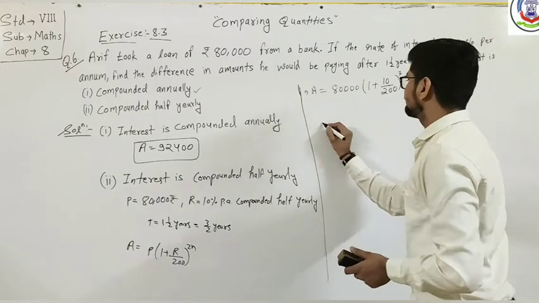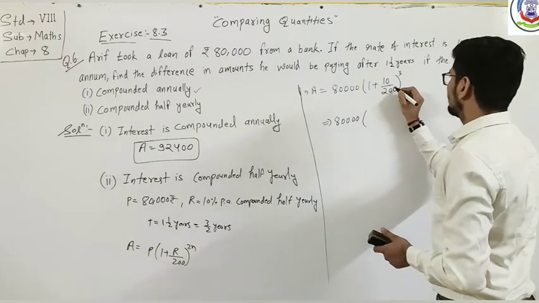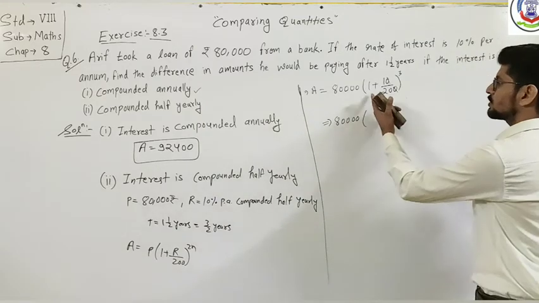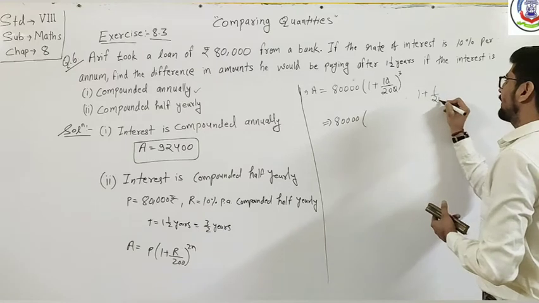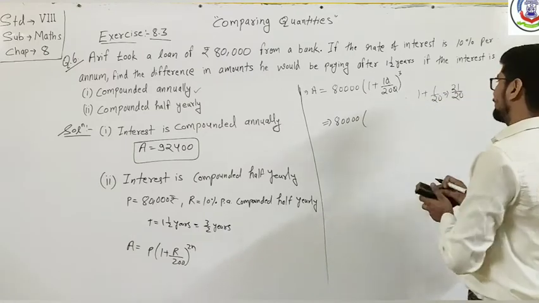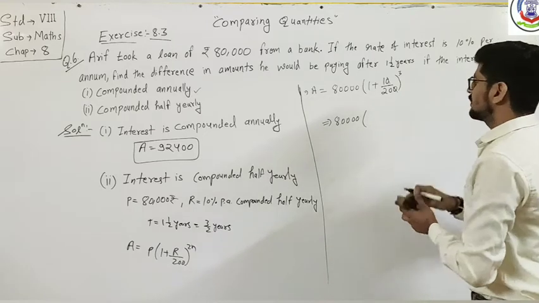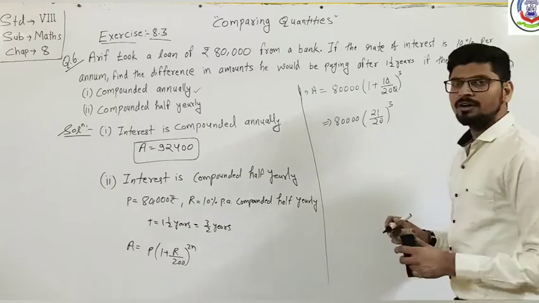Now 80,000, 0 से 0 cancel, so we'll get 1 plus 1 by 20. 1 plus 1 by 20, which is 20 plus 1, 21 by 20. Clear? So this is 21 by 20 raised to the power 3.